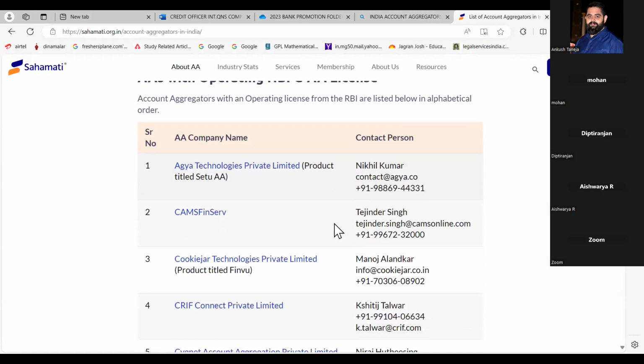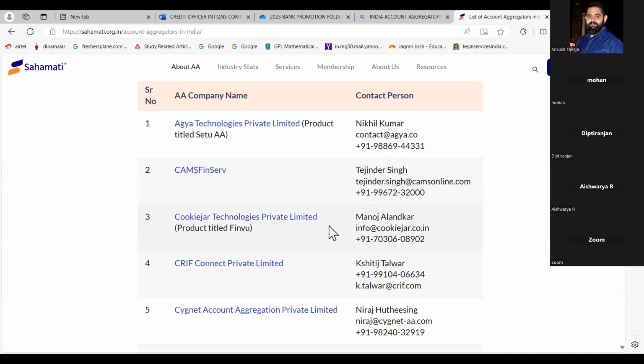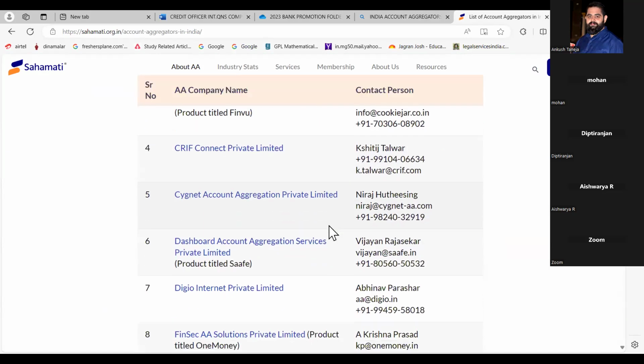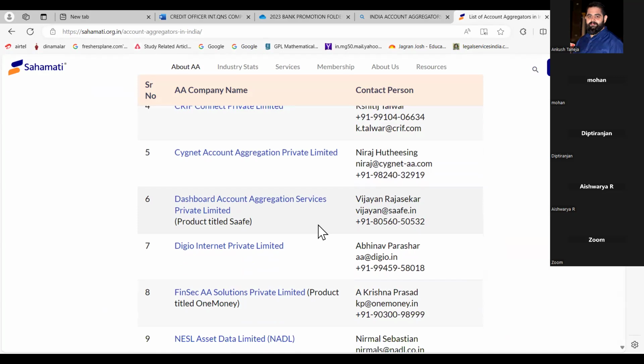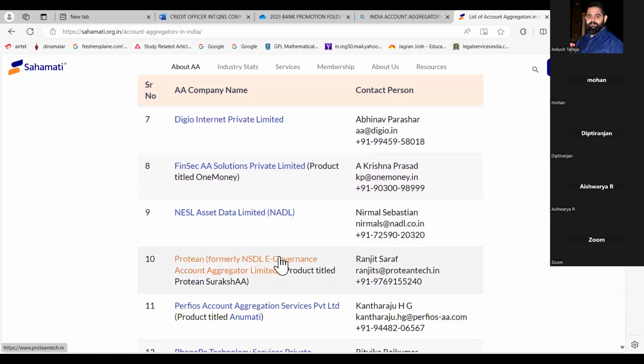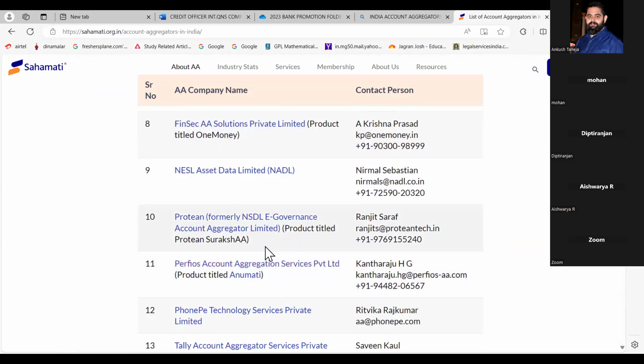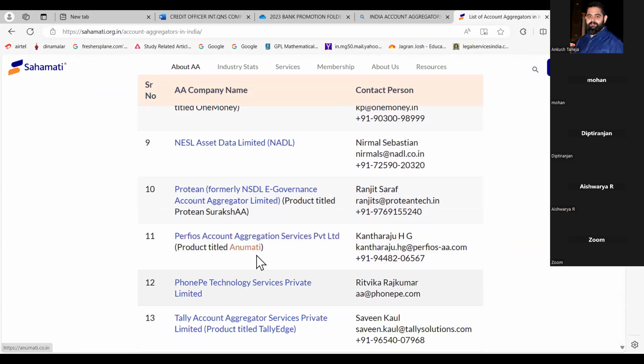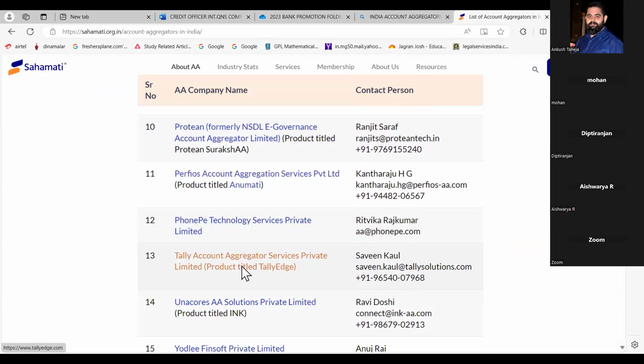So here it is. Agia Technologies, then CAMS FinServe, then Cookie Jar Technologies, then Thrift Connect Private Limited, Signet account, then Dashboard, then Digio, then FinSec, then NESL, then Proteon, NSDL, Perfios, like this.